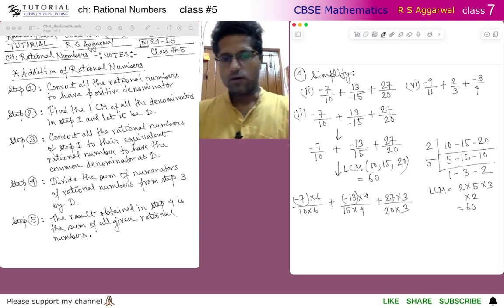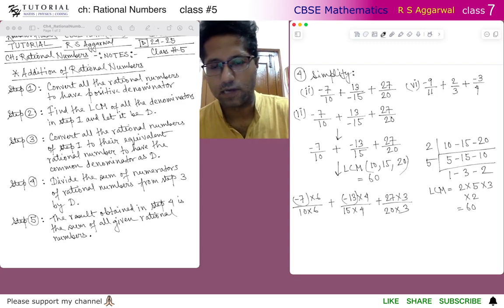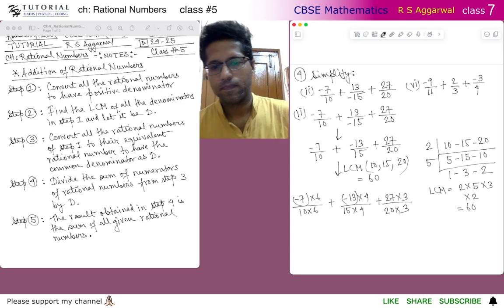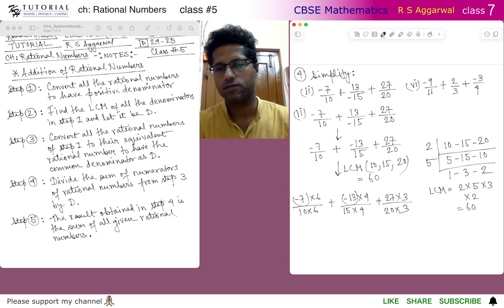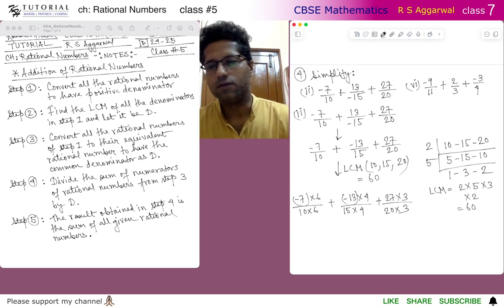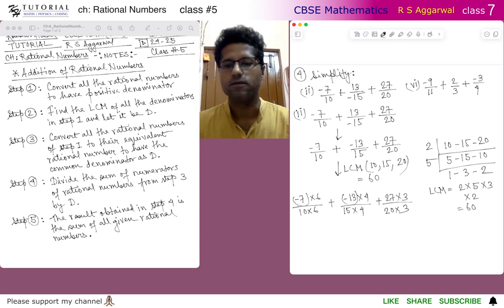I hope you are aware how to convert a rational number to its equivalent form to make the denominator a particular number. That is, to convert minus 7 by 10 so that it has a denominator of 60, we have to multiply both the numerator and the denominator by 6, because 10 into 6 makes 60. Okay.